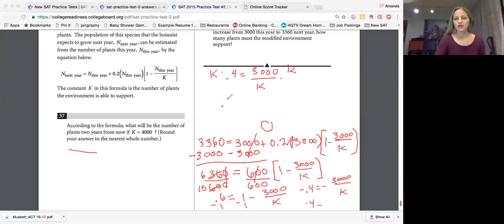So I have 0.4K equals 3,000. And finally, divide by 0.4 on both sides, and we will be able to solve for K. So 3,000 divided by 0.4 gives me 7,500.